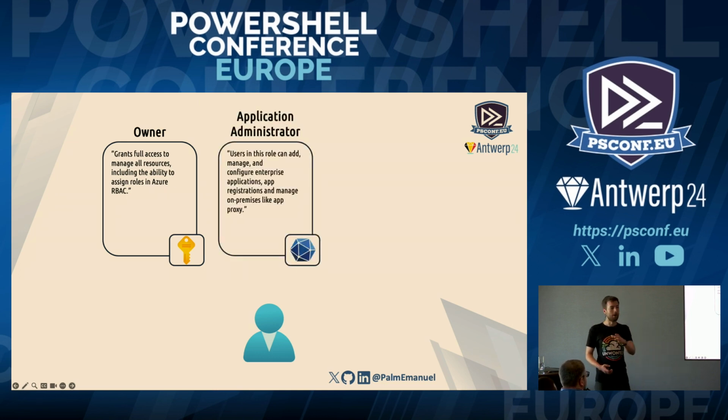But on the Graph side, or Entra side, we also have roles like application administrator, which lets someone add, configure or change app registrations and all the credentials on them, and enterprise applications, which is potentially more dangerous because then you can do it on all applications. And maybe if one of the applications is owner, then you can impersonate that by adding a credential, etc.